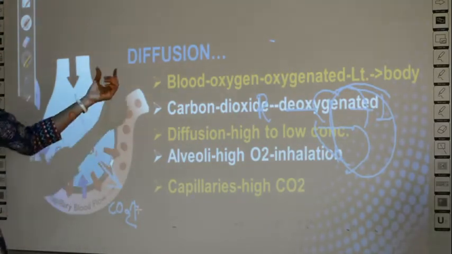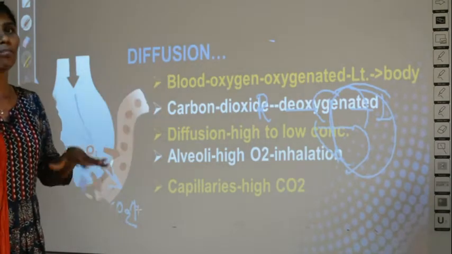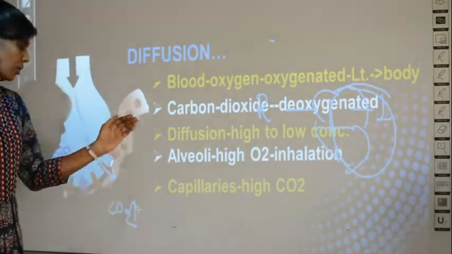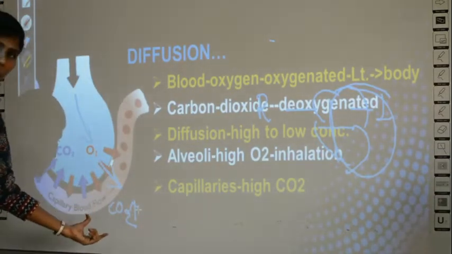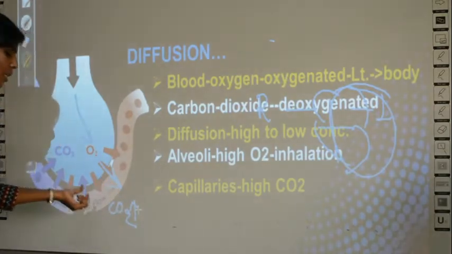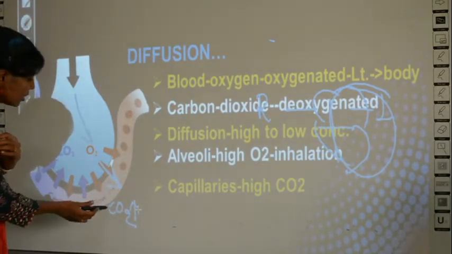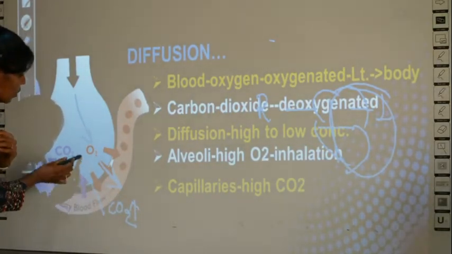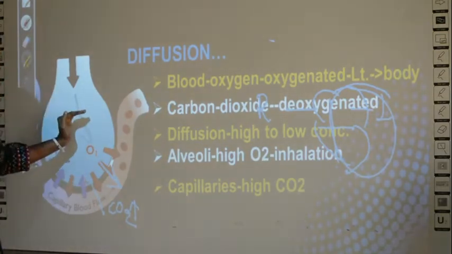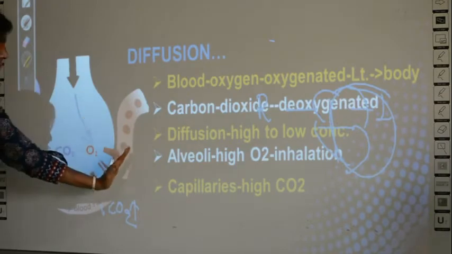So according to the term diffusion, there is always flow from higher concentration to lower concentration. So the capillaries, which have high concentration of carbon dioxide, will flow to the region where there is a low concentration of carbon dioxide. So oxygen is high in alveoli, low in capillary.